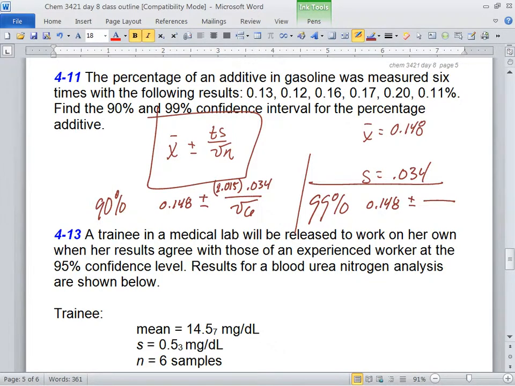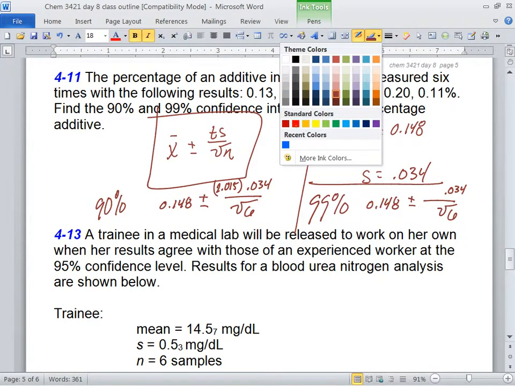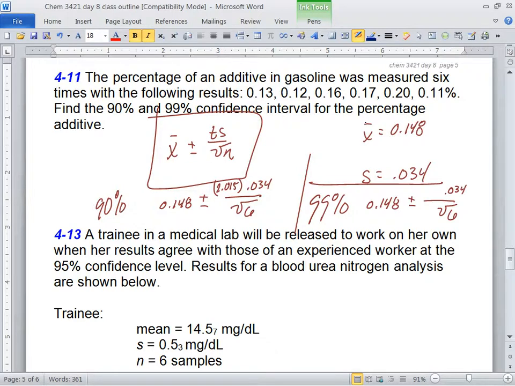All right? When you do the 99%, everything's the same. It's just going to be a bigger T because it's a bigger percent confidence. So it'll still be 0.034 divided by square root of 6. We just have to plug in the right T. So now it's 99. The new T is going to be, anybody see it? It has to be degrees of freedom of 5 again.